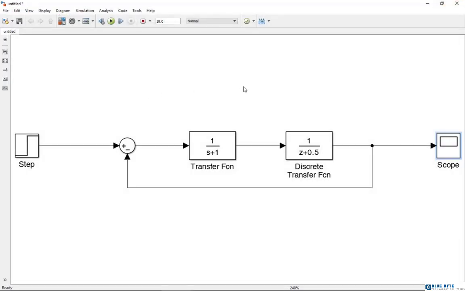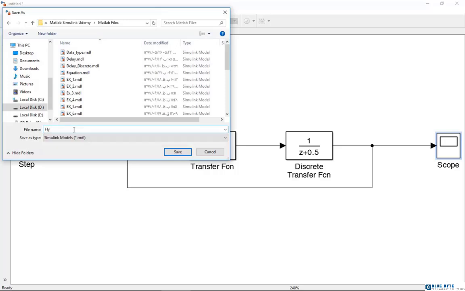So Simulink can be used for hybrid systems too, both discrete and continuous systems can be simulated in hybrid systems. Okay, now I save it for you as hybrid.